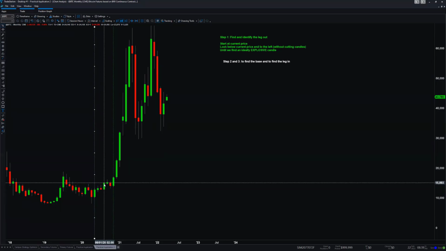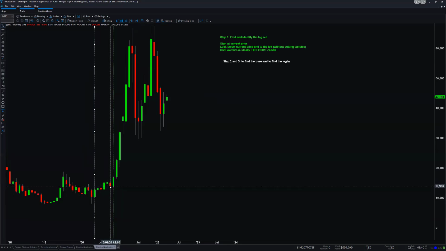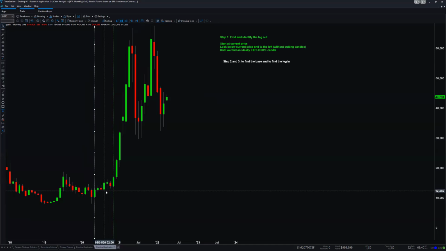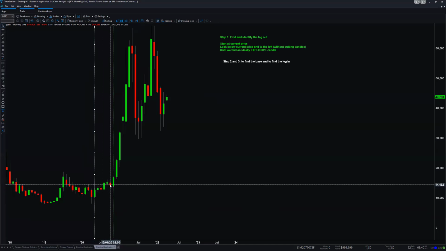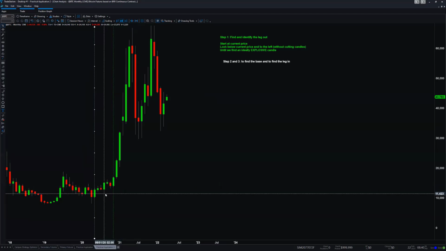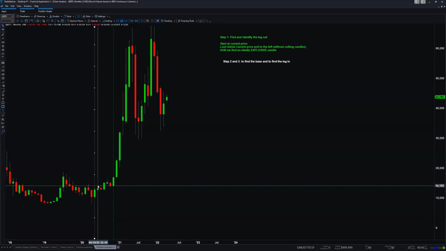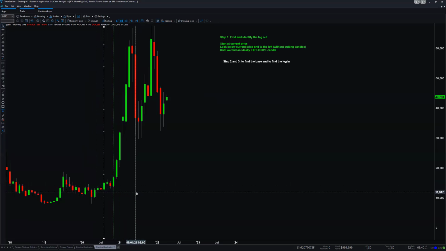Because yes, this is a decisive candle, but the size of this decisive candle is also not much bigger than the surrounding candles, those indecisive candles. So all of that could be my base, or just that could be my base. Now you're seeing how I'm visualizing as well as I'm being scientific.